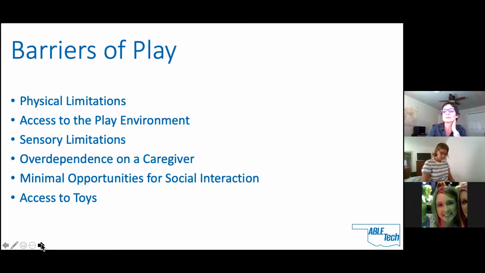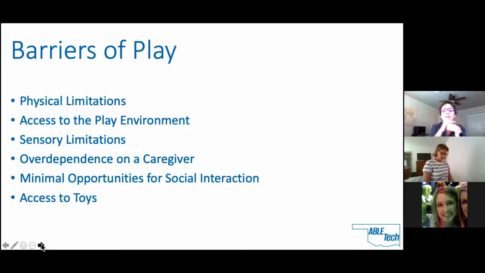So the big barriers of play are physical limitations, access to the environment, sensory limitations, such as being able to tolerate the sunlight or different lightings in different environments, being able to tolerate noise, being able to tolerate people's touch and smells.